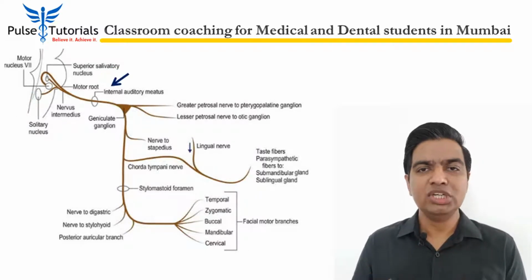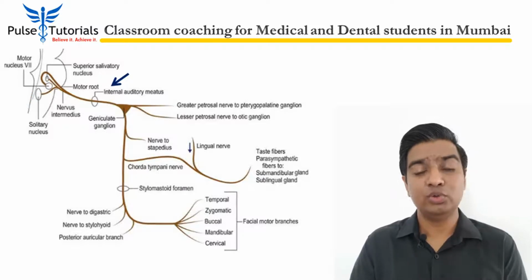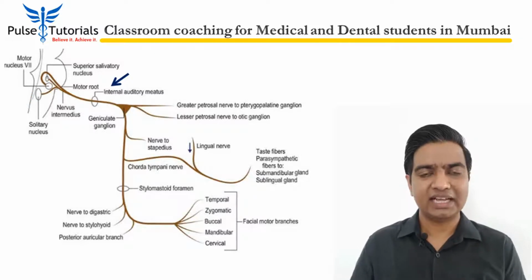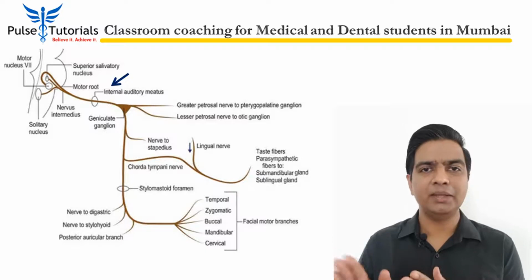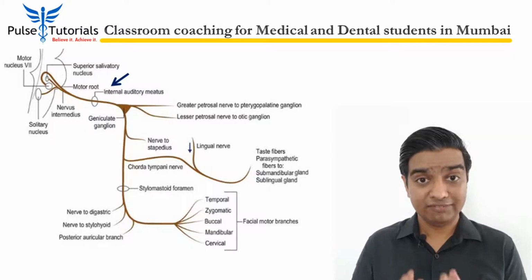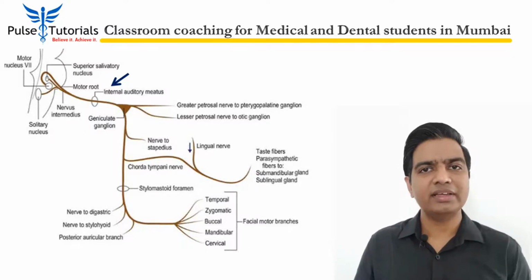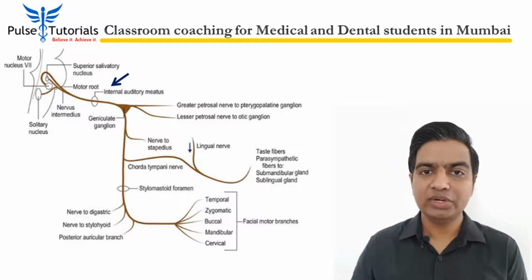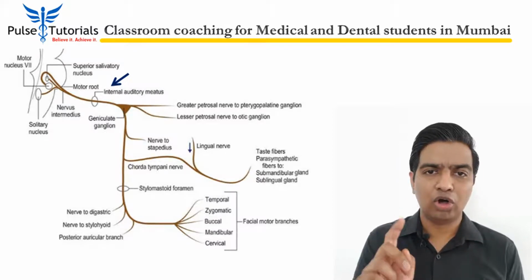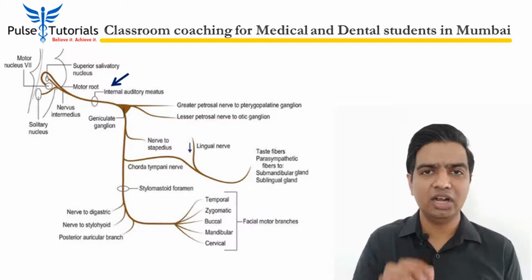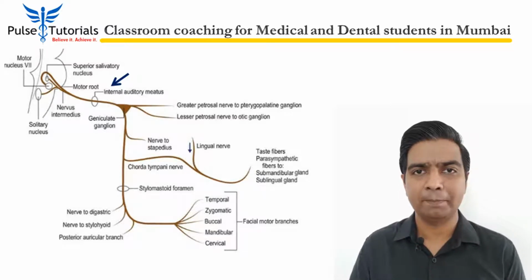Now once these two nerve roots arise, they run laterally forward along with cranial nerve 8 to reach the internal acoustic meatus.